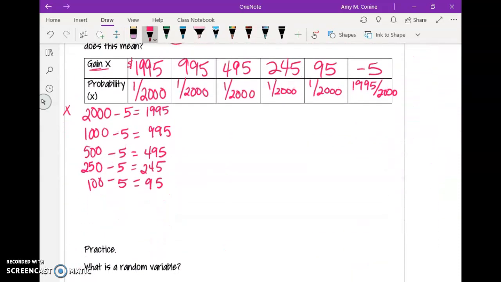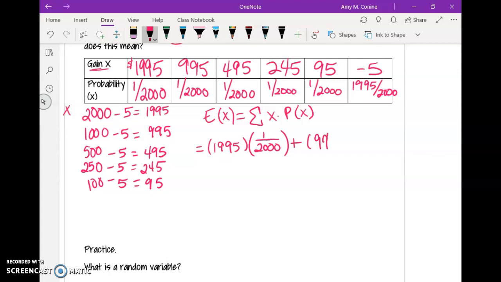We're going to take our expected value, which is the sum of our gain times the probability of that. So we're going to take our 1,995 times our 1/2000, and we're going to do that for each X value.